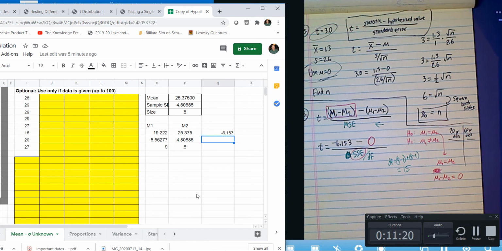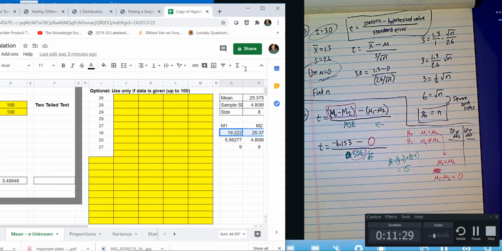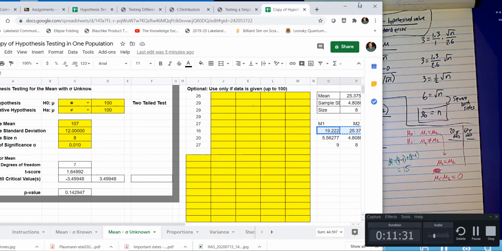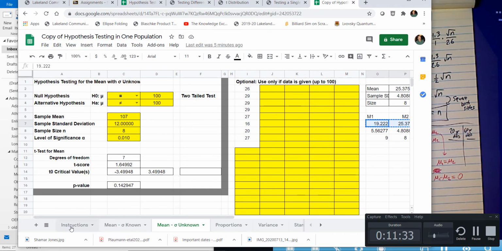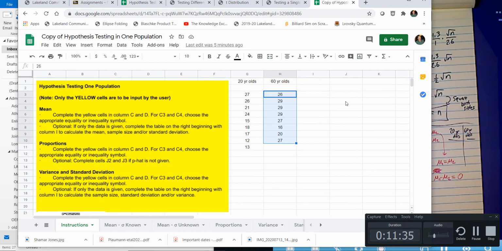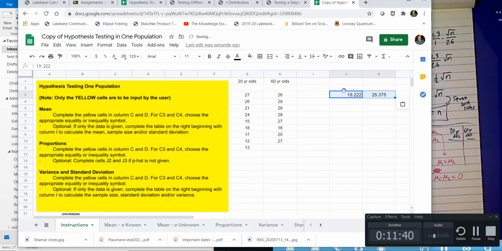It turns out that these means are going to come in handy. So that 19.222 and that 25.375, I'm going to copy those onto the very front, because we don't have a nice worksheet for two variables. I'll just put those there so I can remember them. Maybe I'll move these 60-year-olds over here.